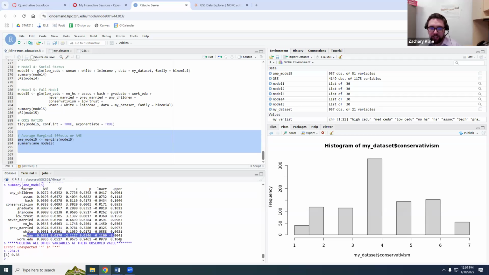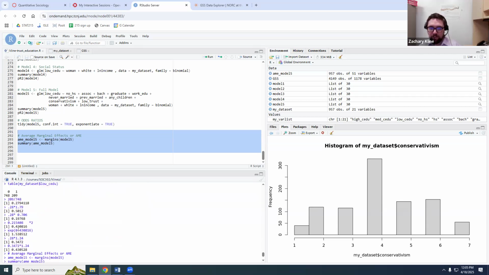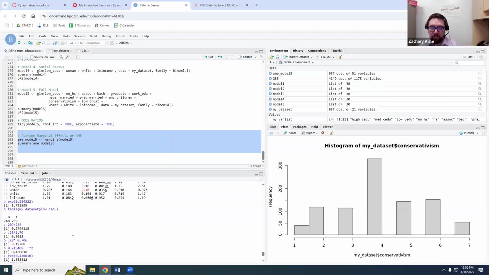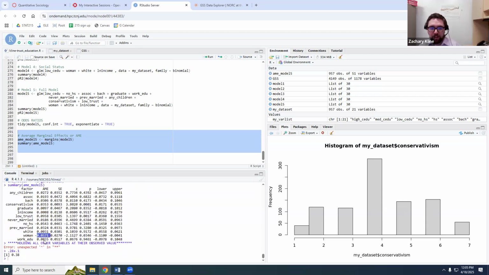This is saying here that women are around 6% less likely to say they have low confidence in education, holding all other variables at their observed values. So they're 30% less likely is from whatever the probability is for men, right? Whatever the probability for men is, they're 30% less likely than that. And in the base number, it's around 6 percentage points difference, holding all other variables at their observed values.